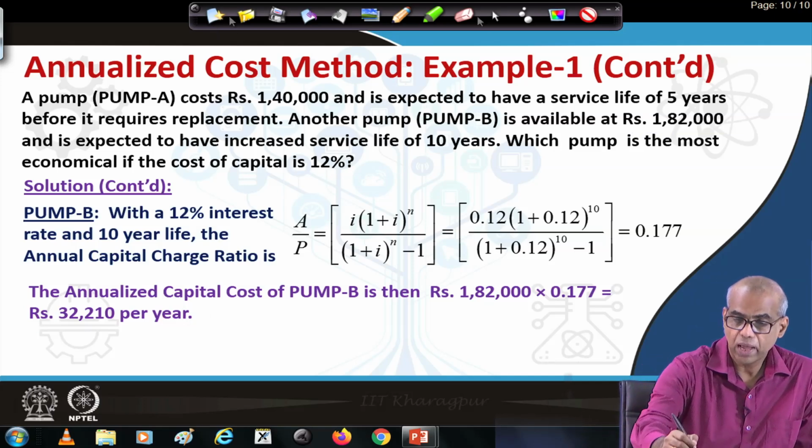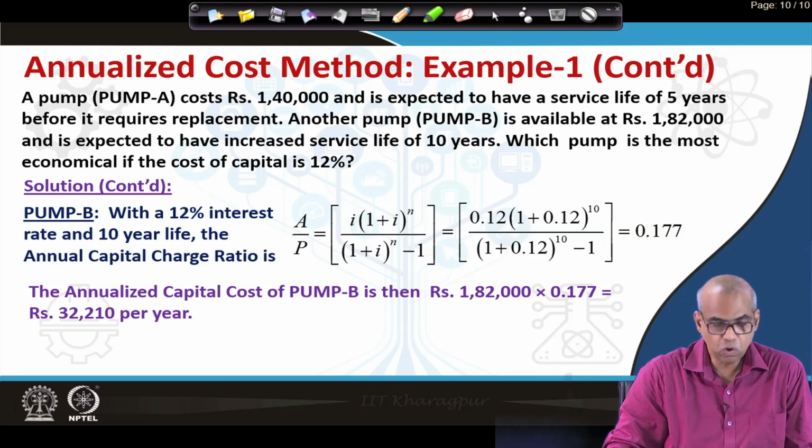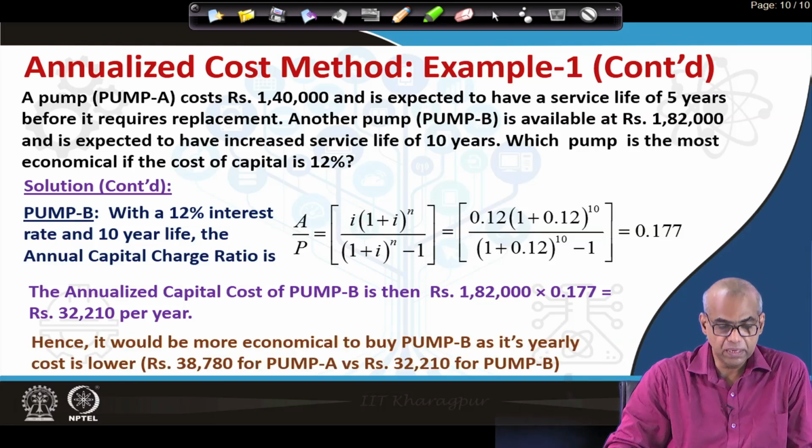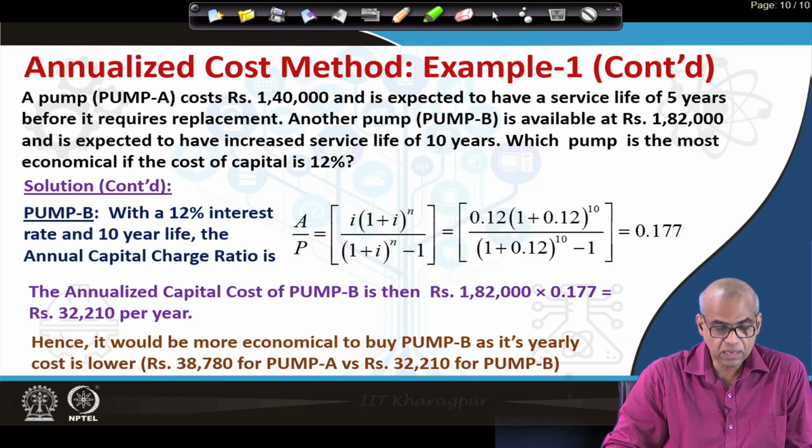So, now we have annualized capital cost for both pump A and pump B. So, it would be more economical to buy pump B as its yearly cost is lower. The annualized capital cost for pump B is 32,210, which is considerably lower than the annualized capital cost of pump A, which is rupees 38,780. So, pump B will be more economical.